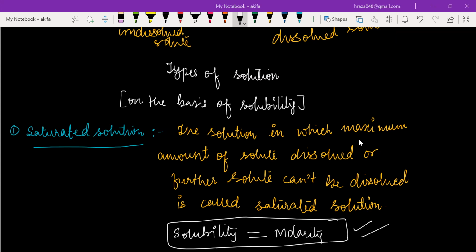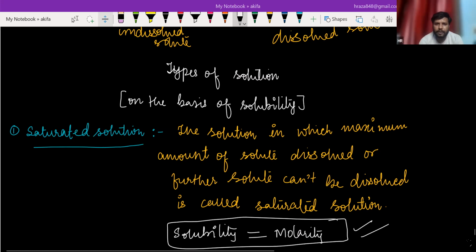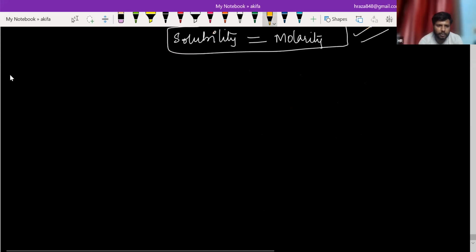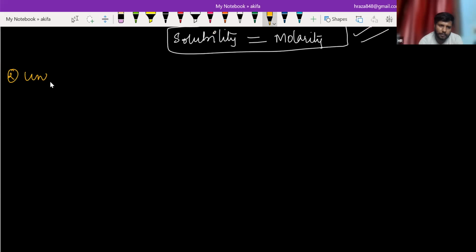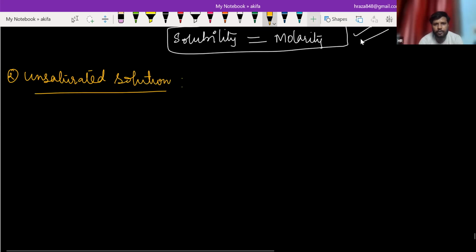Very good. The second type of solution is unsaturated solution. And what is an unsaturated solution? Just write with me. The solution where more solute can be added.